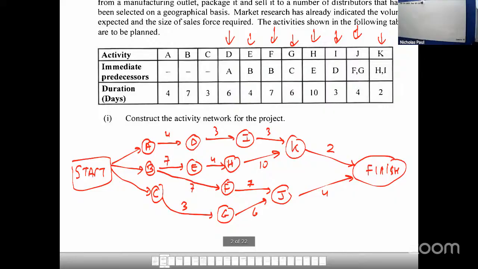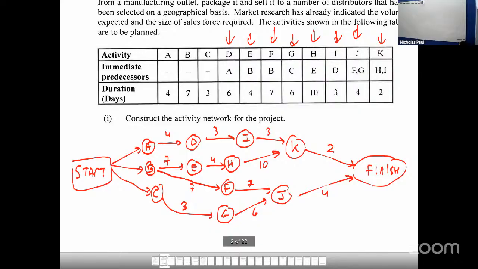Now, the trick for us now is to try to figure out, okay, what is the critical path? Why is E to H 4?